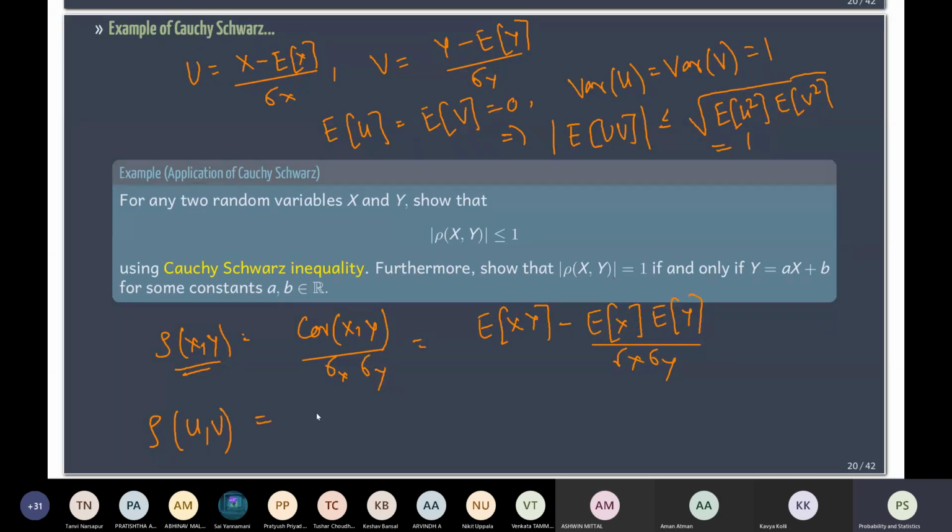The correlation is the expectation of uv minus expectation of u times expectation of v, divided by 1 times 1. These terms are 0, and the expectation of uv is less than or equal to 1. So that's how one can prove this, and you can try the remaining part also.